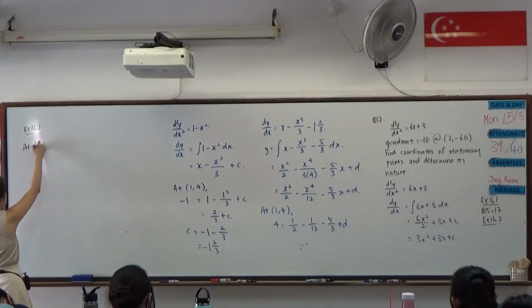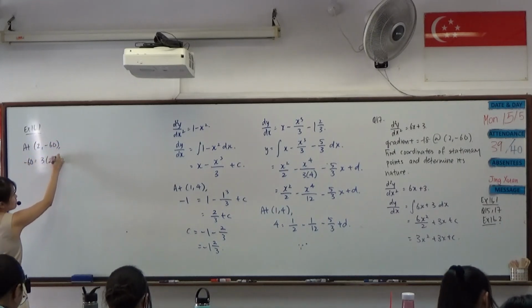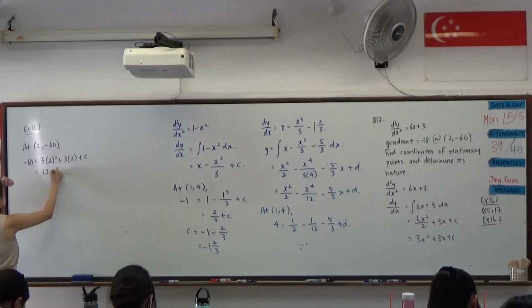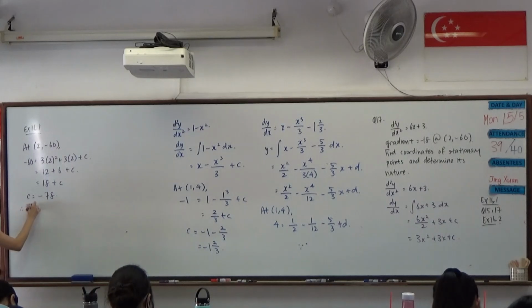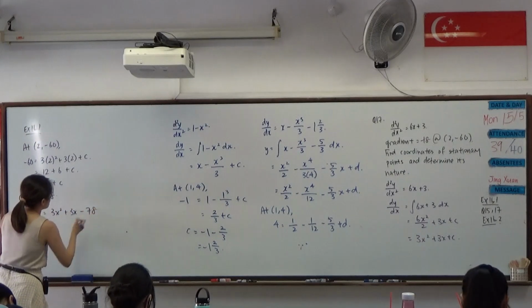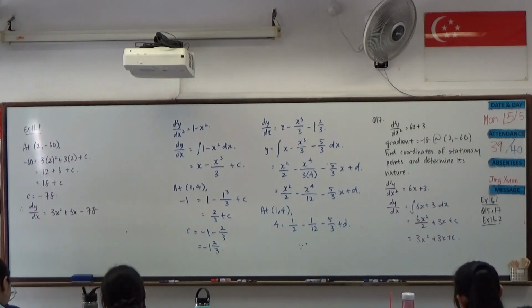At 2, negative 60, plus 6 c, plus 3x minus 78. We want to find the coordinates of the stationary points.